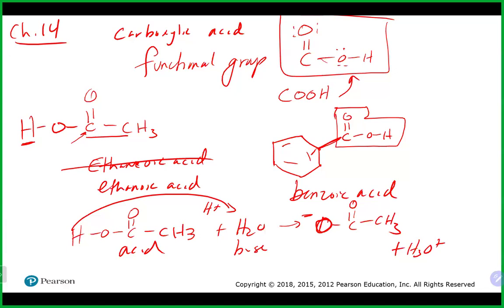In addition, it also is one of the few things, as we talked about, I think towards the end last time, that really can beat an alcohol in terms of boiling points and melting points. And that's because it really has 2 polar groups. It's got this OH, which is definitely a polar group, and it's got the carbonyl group, which is a polar group.